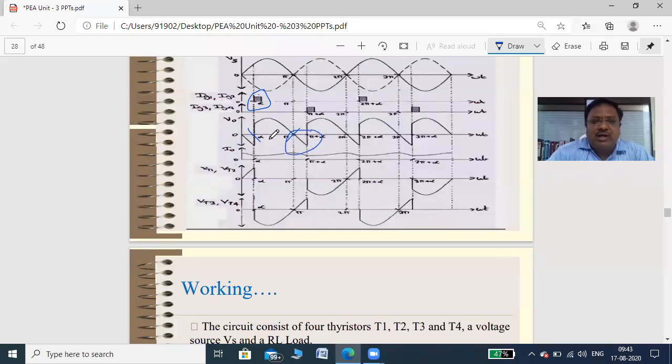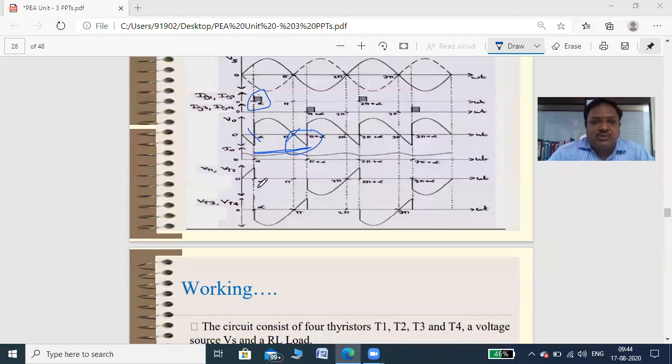So SCRs T1 and T2 still conduct. The conduction time of SCRs T1 and T2 is alpha to pi plus alpha, right? So this is a disadvantage, that in the negative half cycle your SCR remains on, right? Because of that, basically the load current is continuous, right?